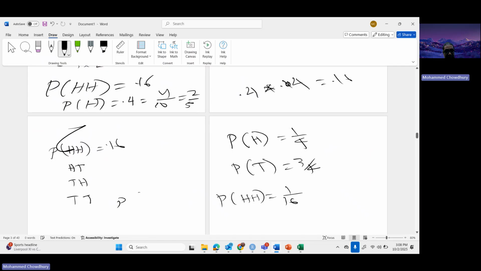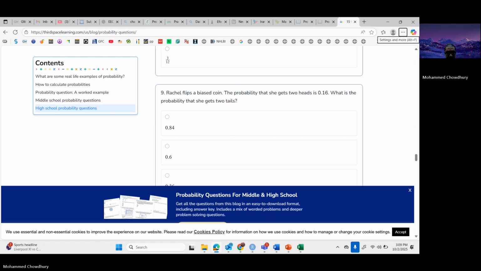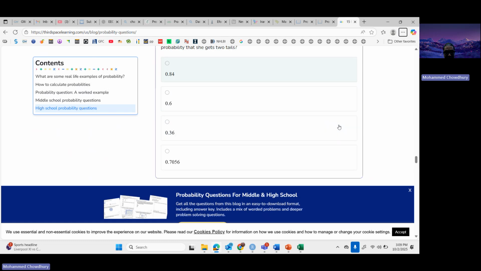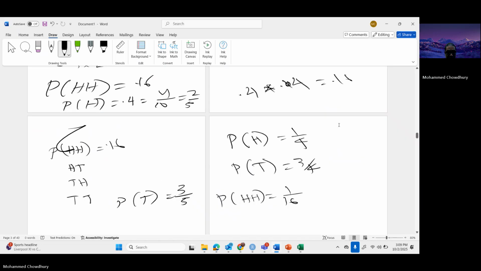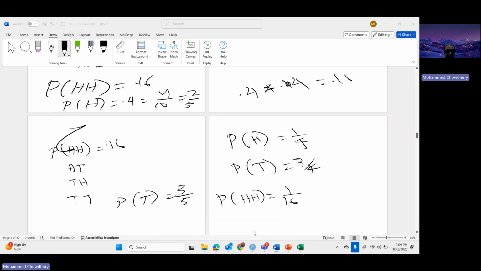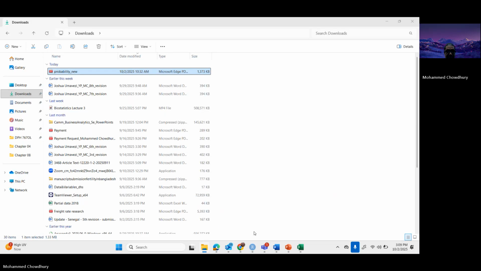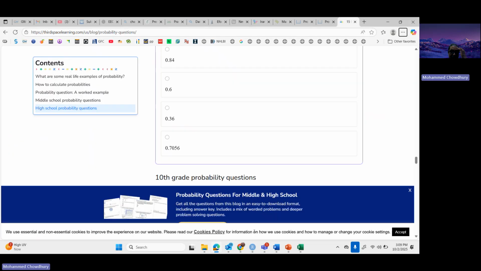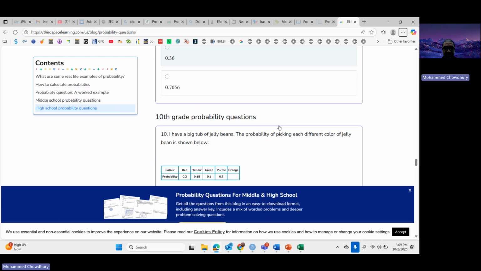Probability of tail equal to 3 over 5. So that means 9 over 25. Is this the answer? 9 over 25 equal to what? 0.36. Okay.